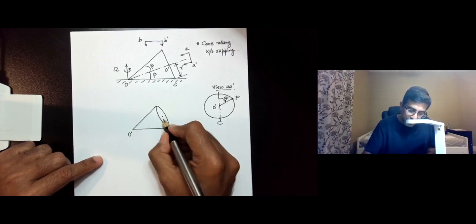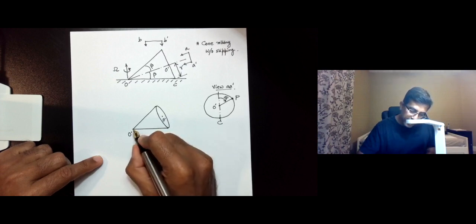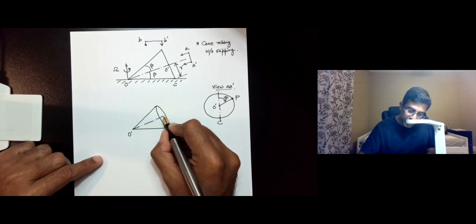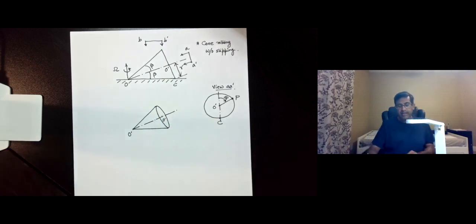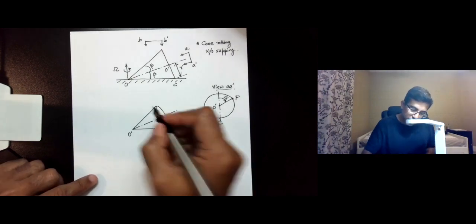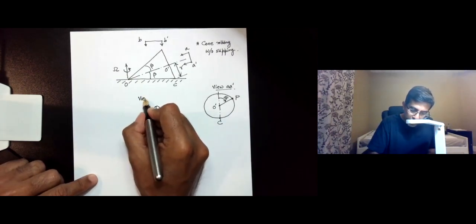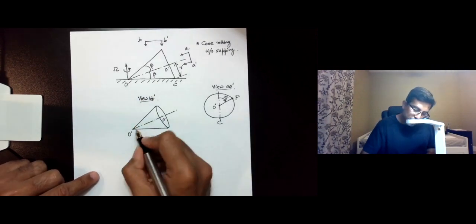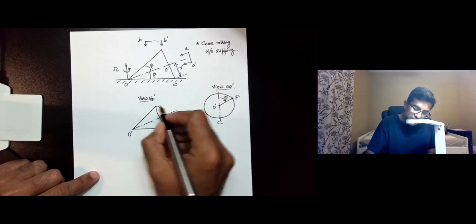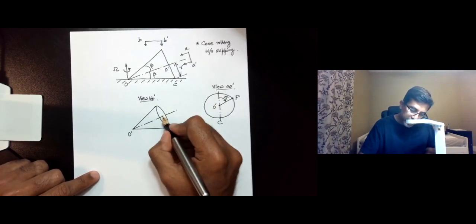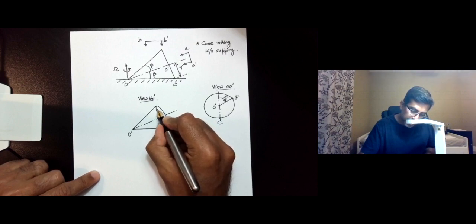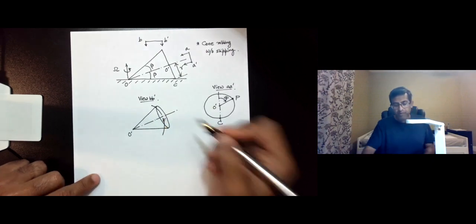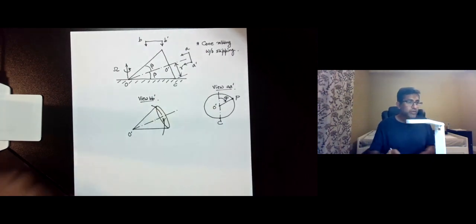O prime is over here, and that's the axis of the cone. So this is the view B prime, right? You would see that this point O prime is tracing out a circular path.